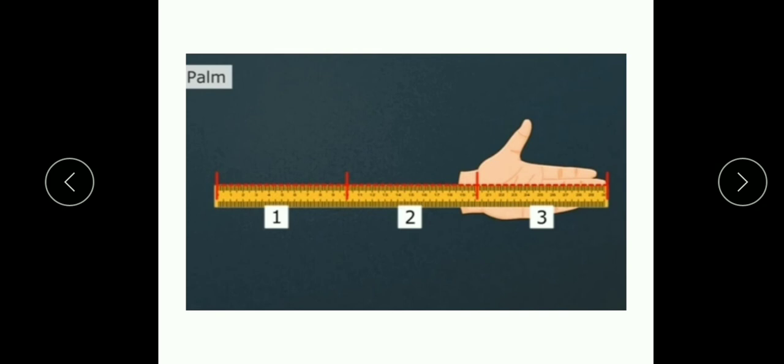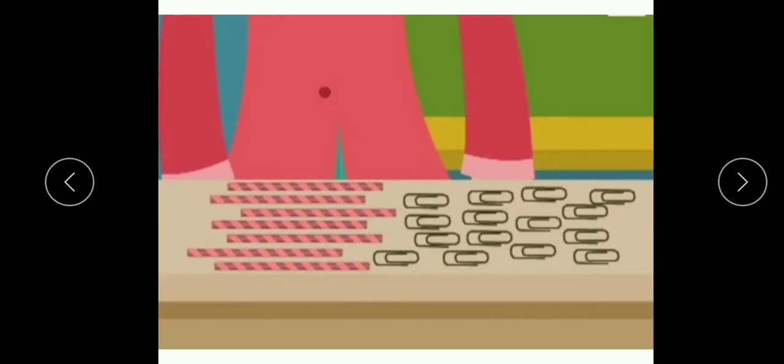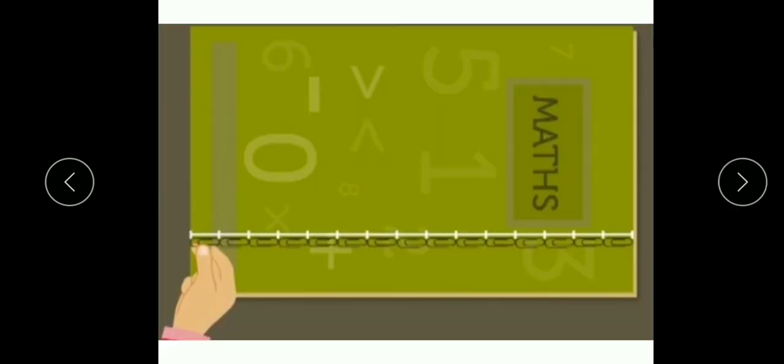So now let's talk about some other non-standard units of measurement. Let us use some paper clips and straws to measure a few objects. See children, these are your paper clips and these are your straws. See, this is your book, and we are using paper clips to measure its length.